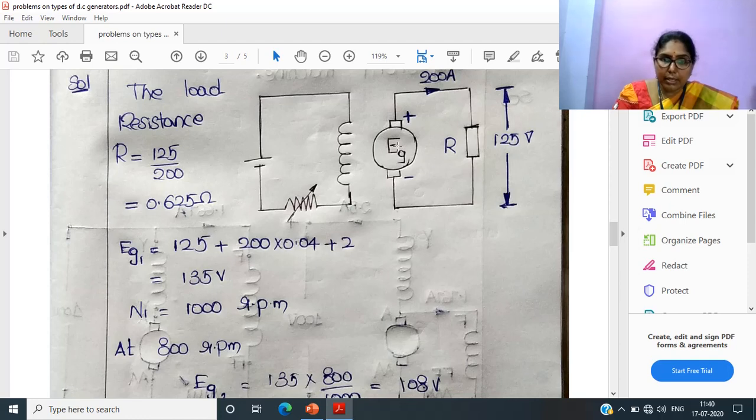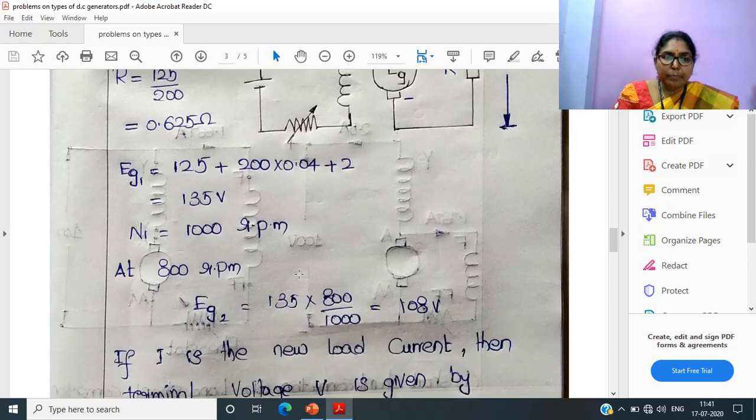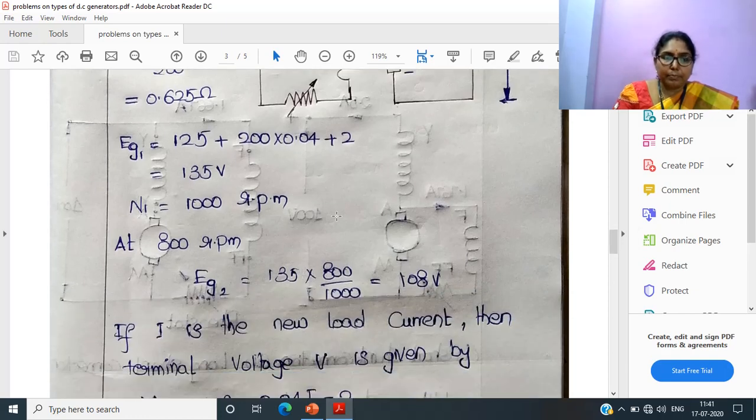Since the problem mentions the brush drop, we add the brush drop also. So EG1 equals 125 plus 200 into 0.04 plus the brush drop of 2 volts. Together this gives 135 volts. So EG1 is 135 volts and N1 is 1000 rpm.